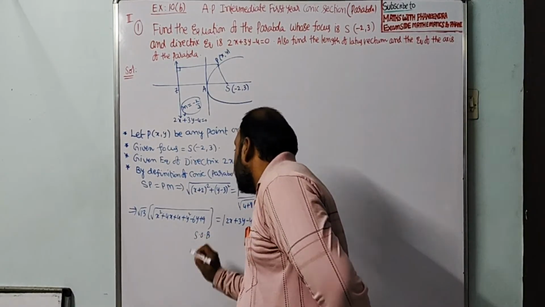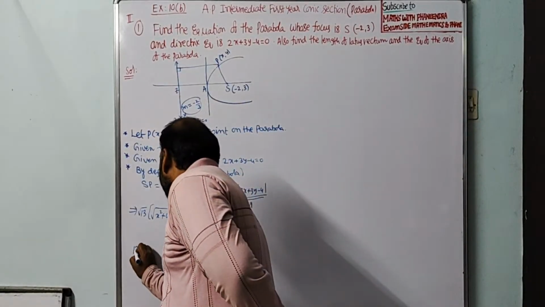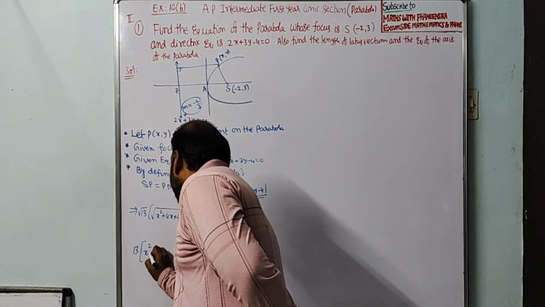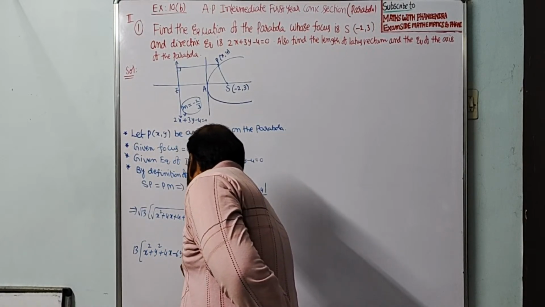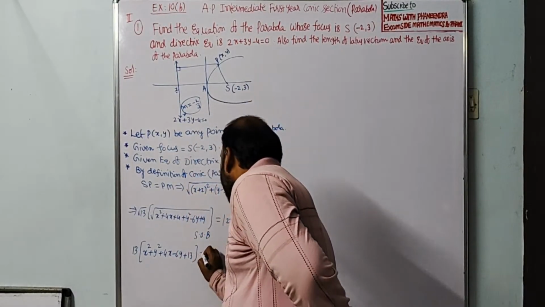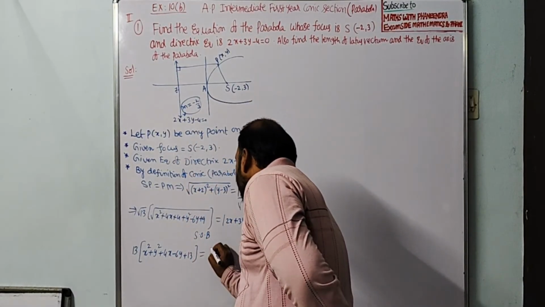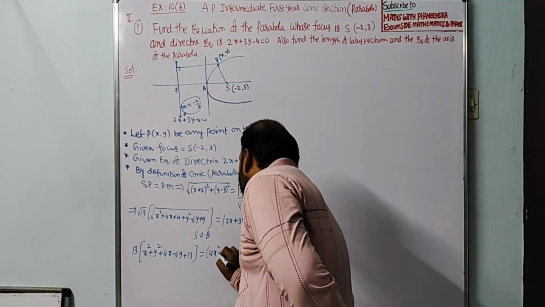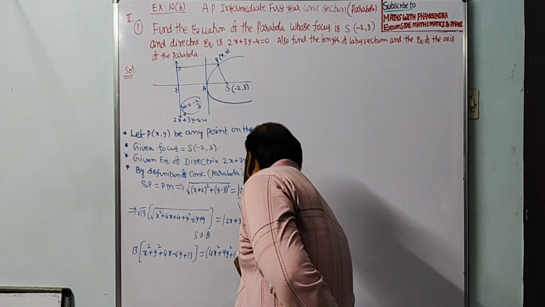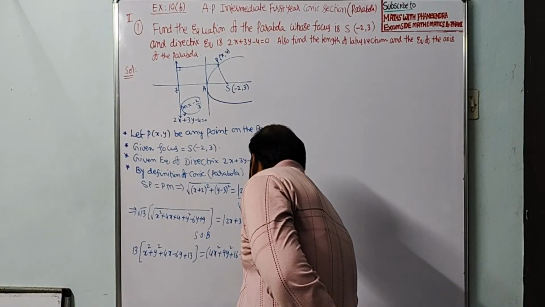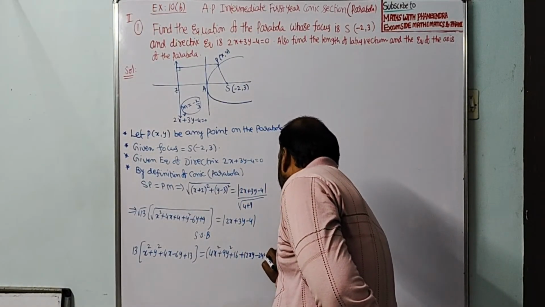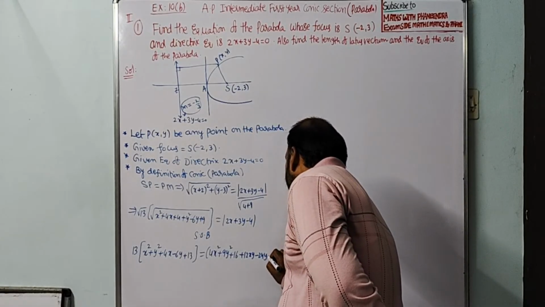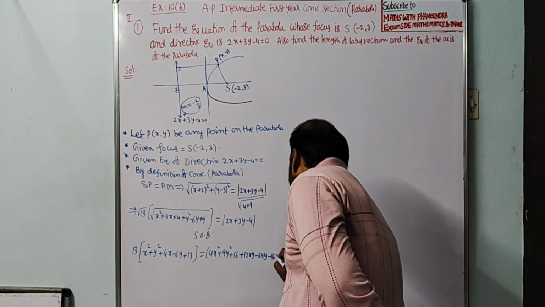Squaring on both sides, root 13 whole square gives 13 times (x square plus y square plus 4x minus 6y plus 13) is equal to the expansion of (a + b - c) whole square: 4x square plus 9y square plus 16 plus 12xy minus 24y minus 16x.